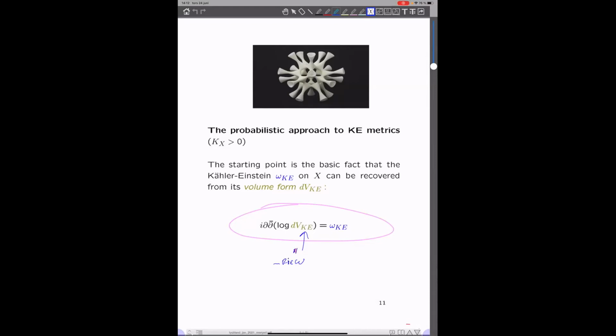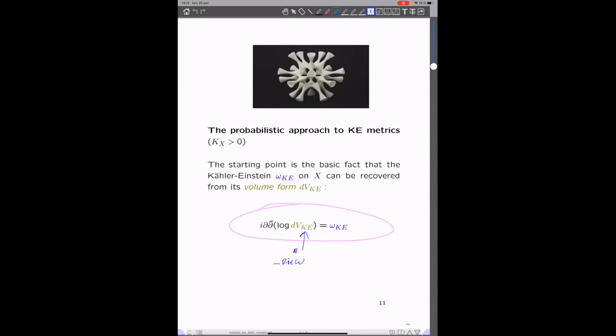But the point is that if you look at the Kähler-Einstein equation, what it tells you is that you can get the metric from the volume form by just writing down the logarithm of a local density of the volume form and taking the complex Hessian of that. That's now a complex Hermitian matrix, and you can identify that with a metric.